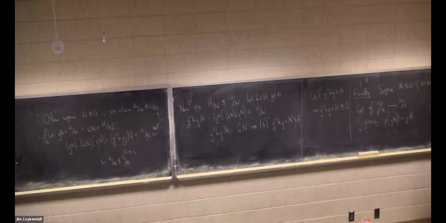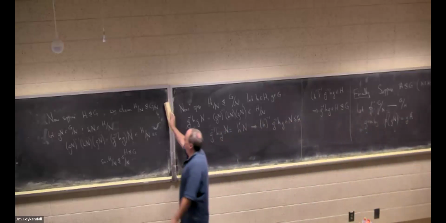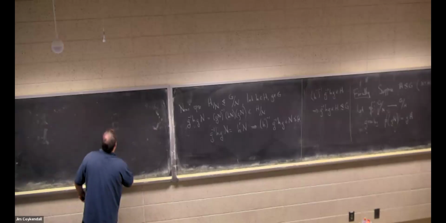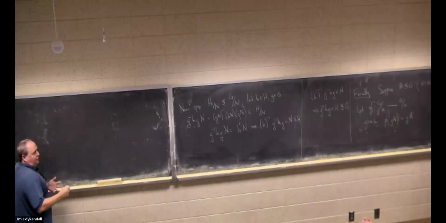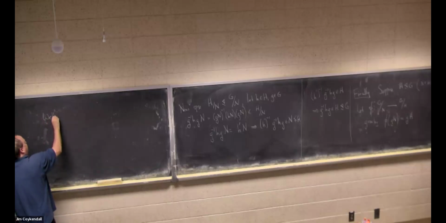Now, what do I need to worry about here? I need to worry about if this is well defined, because I say tomato, you say tomato, they're different representatives. Since my domain is cosets and I have different representatives, I need to worry about this being well defined.